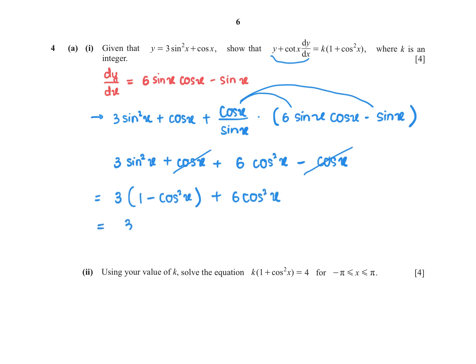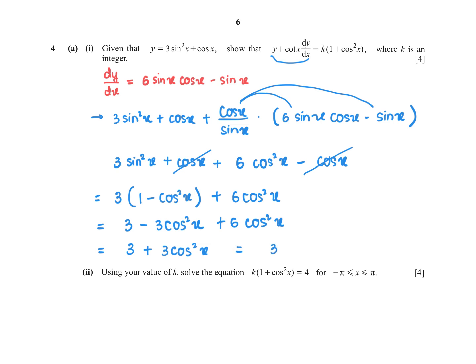Expand, simplify again: 3 minus 3 cos squared x plus 6 cos squared x is equal to 3 plus 3 cos squared x.